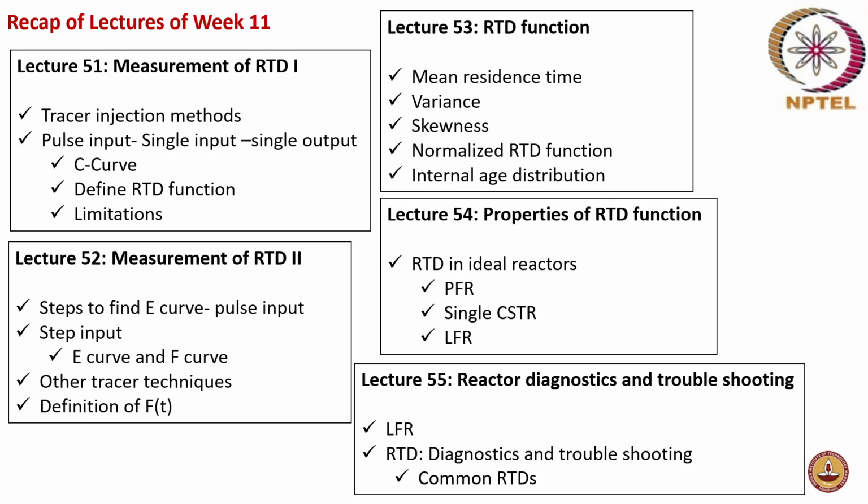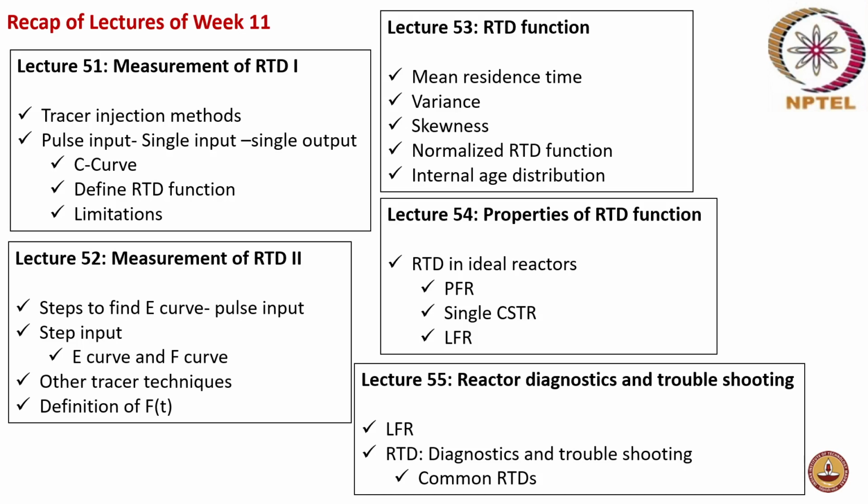The next lecture was on continuation of measurement of RTD, and this lecture included steps to find E curve in the case of pulse input, followed by a discussion on step input, where the E curve and F curve were discussed, and some of the pros and cons of the step input were also discussed. This was followed by a discussion on other tracer techniques like negative step, and frequency response method, and inputs different than that of a pulse and step were all discussed.